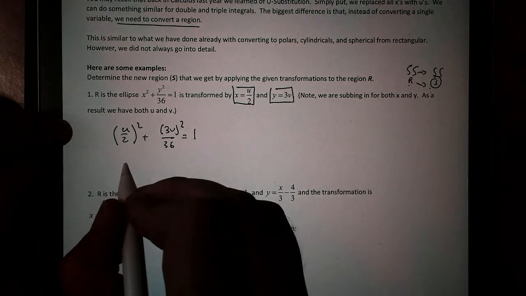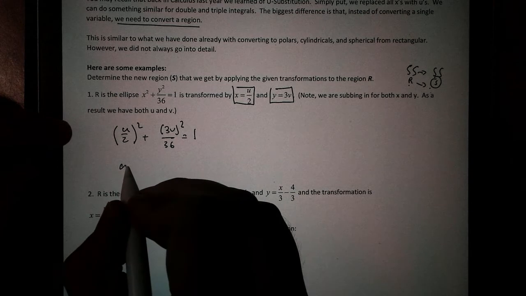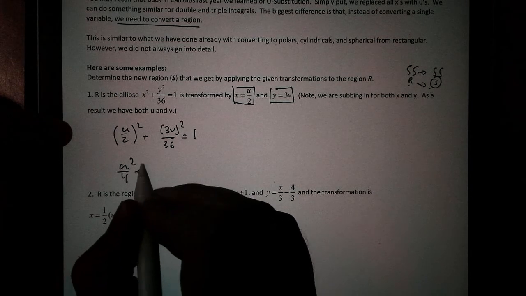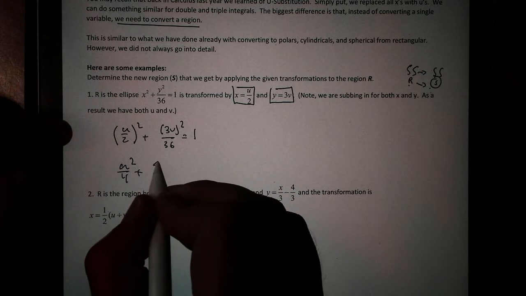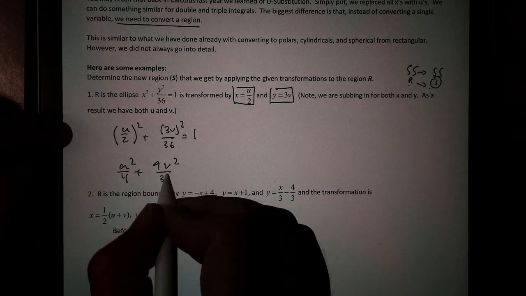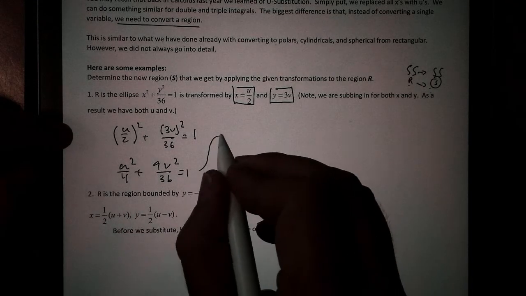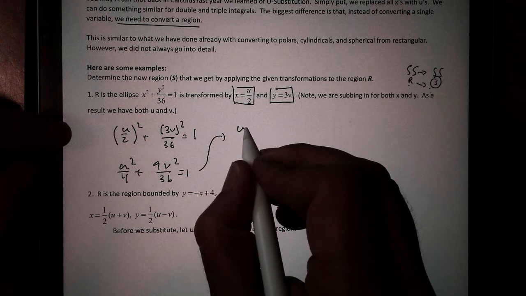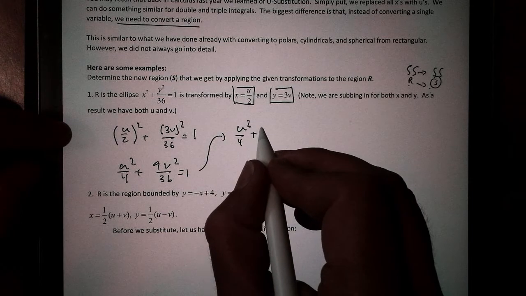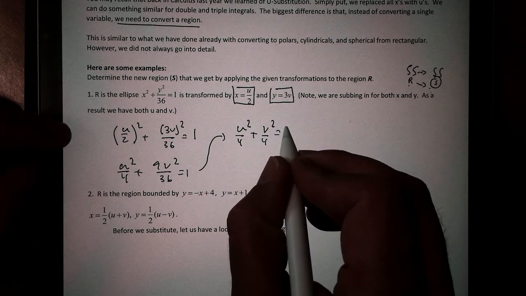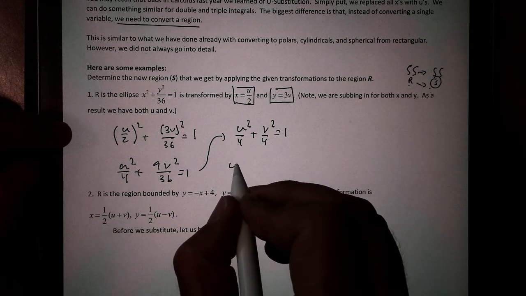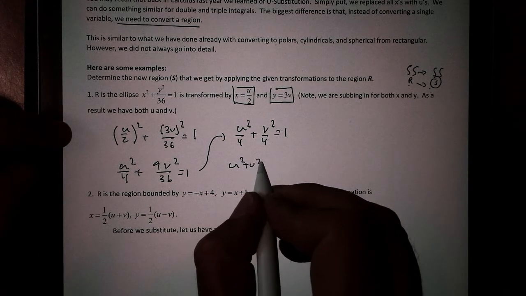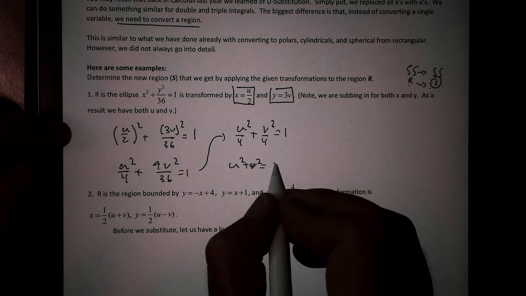If I simplify this, we get u squared over 4 plus, again, 9v squared over 36 equals 1, which simplifies to u squared over 4 plus v squared over 4 equals 1, or u squared plus v squared equals 4.